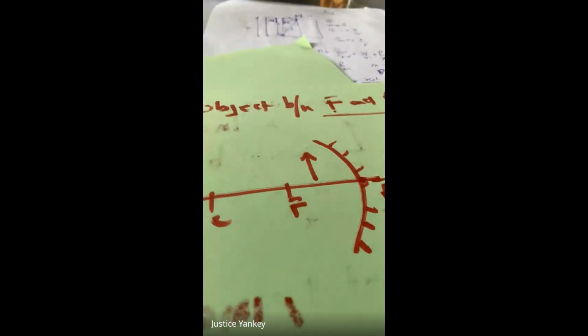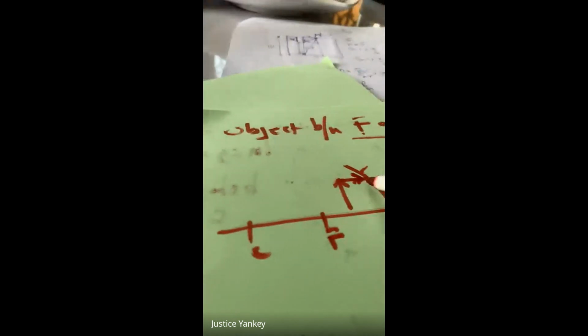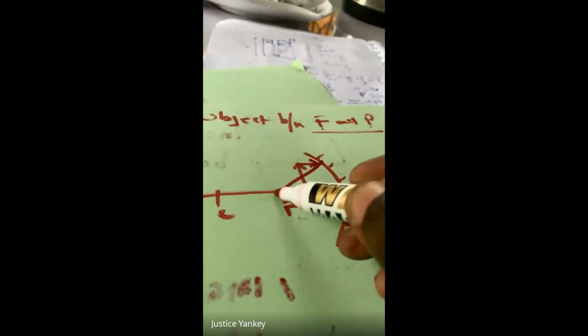We are still looking at the rays. First, a ray from the head, parallel to the principal axis, as I've drawn. This ray will be reflected towards the focus. So it goes back through the focus, as I've shown.